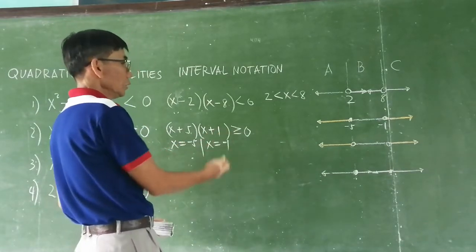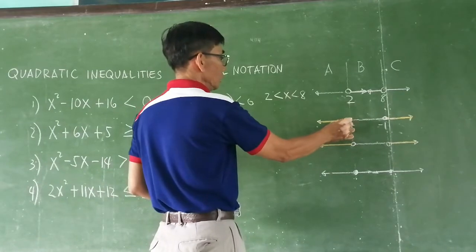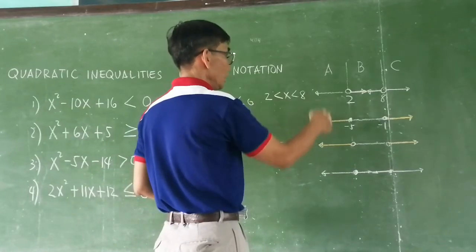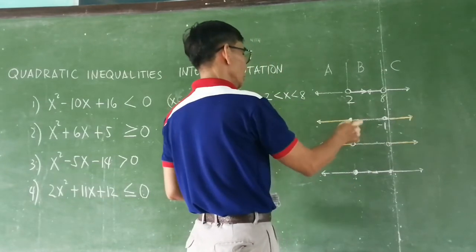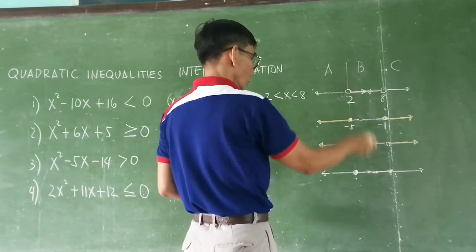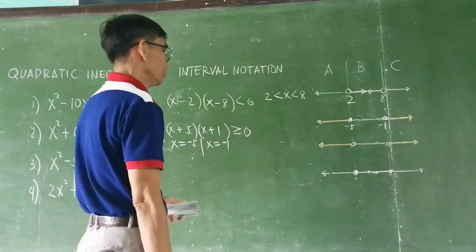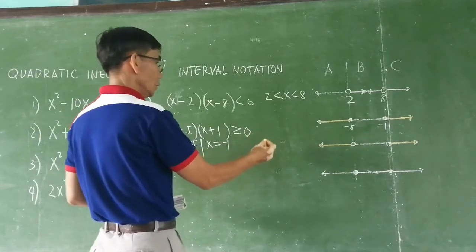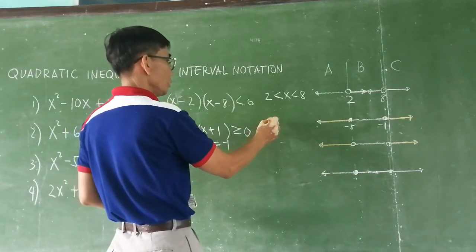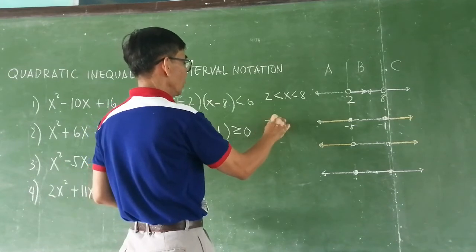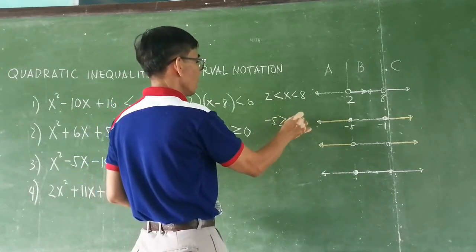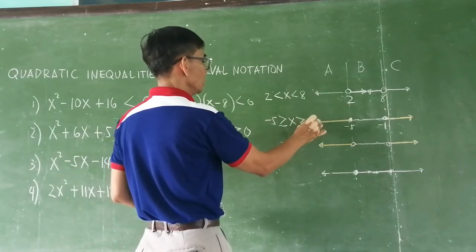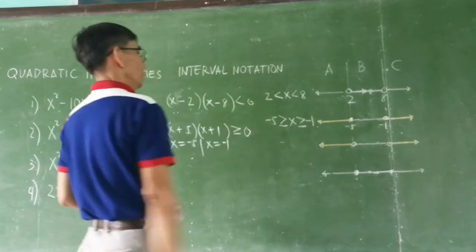And greater than or equal to tends to be in opposite directions in region A and in region C. So that's the solution, nothing here in region B. And if you write the interval notation, it will be negative 5 is greater than or equal to x and greater than or equal to negative 1.